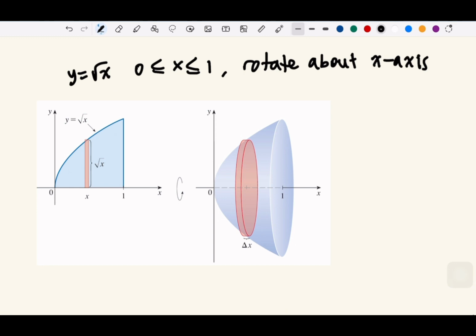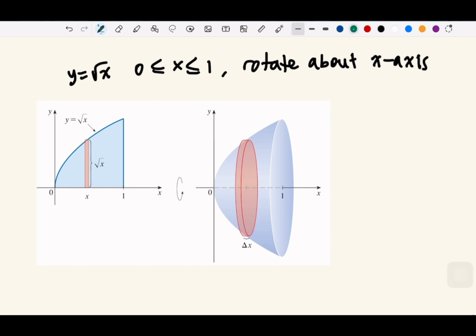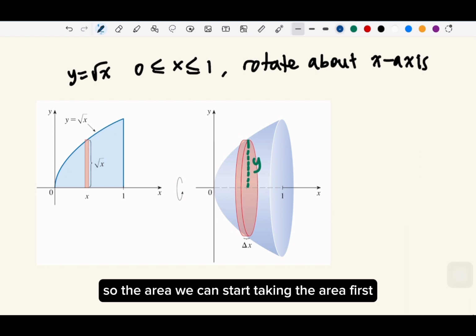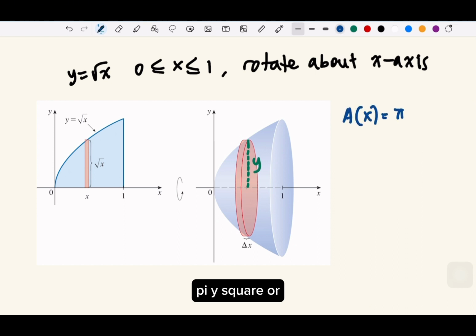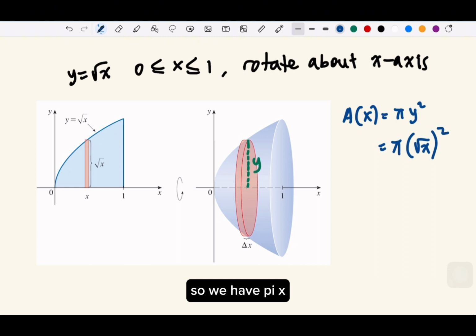Let me write here that this is y. So the area, we start by taking the area first, pi y squared, or in terms of x, square root of x and it's squared. So we have pi x as a function of area.